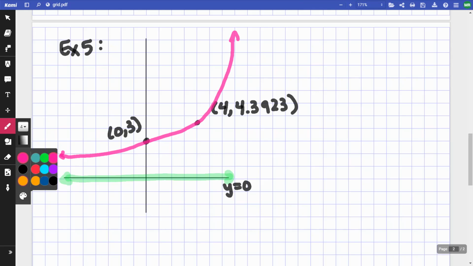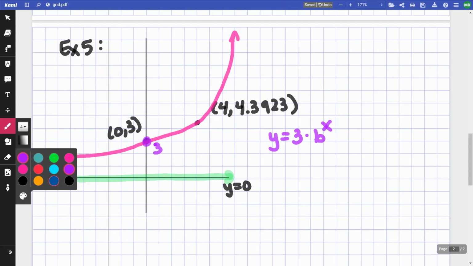Okay, we still need to figure out our a. Our a is 3 because this is at a height of 3. So I am going to go y equals 3 times b to the power x. Now this time I can't really tell what my b is. So I have to use this other point right here. I'm going to put that point in for my x and my y into this equation.